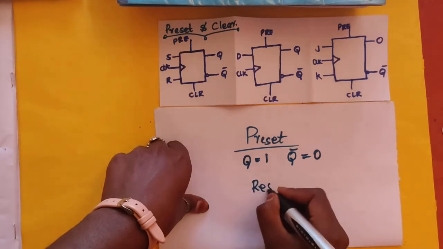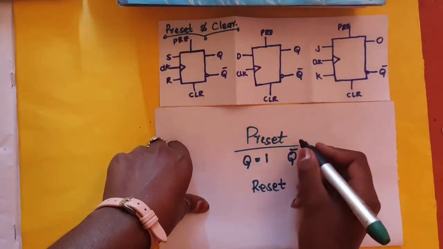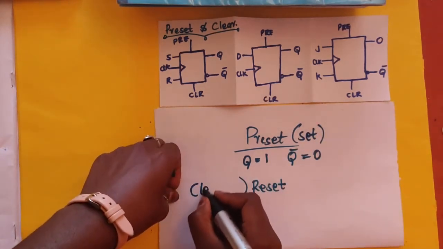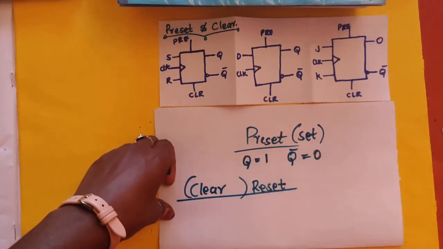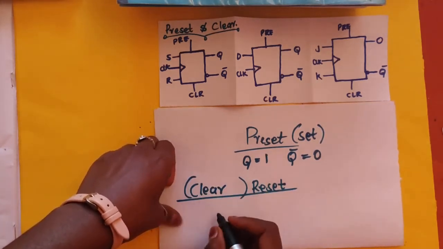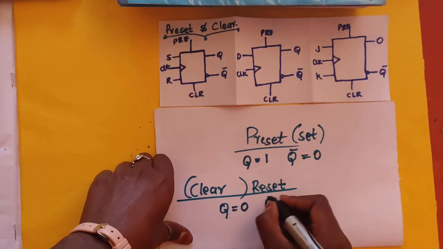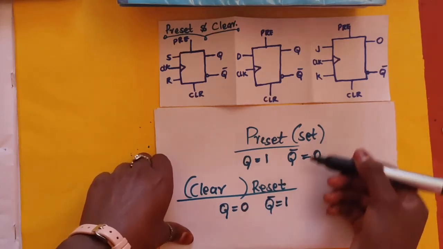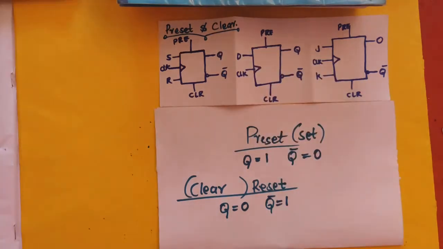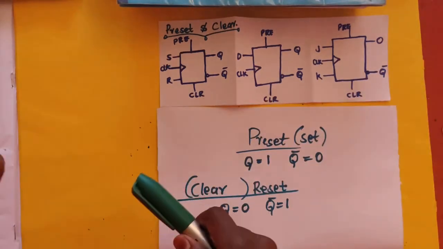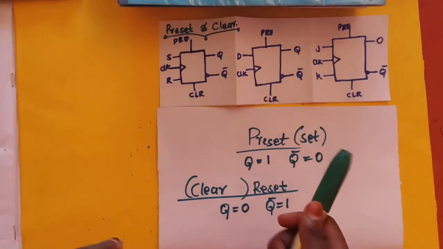So preset is setting. Clear is resetting: when you clear, Q is set to 0 and Q not to 1. Preset sets, clear resets. When we press both preset and clear, we go to an invalid state, just like the other circuits we've talked about, where there's always this invalid state we keep mentioning.